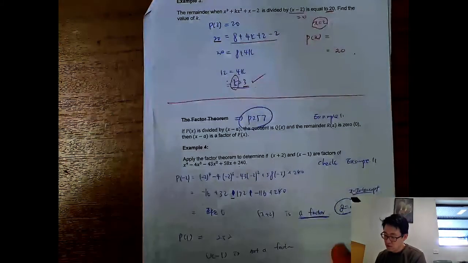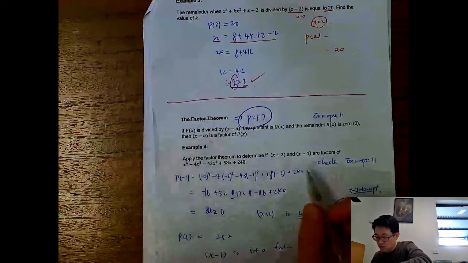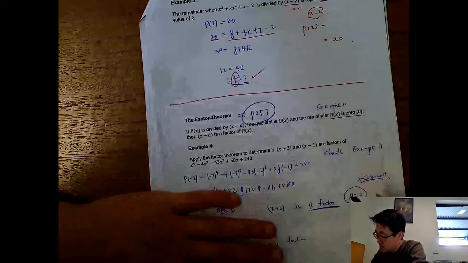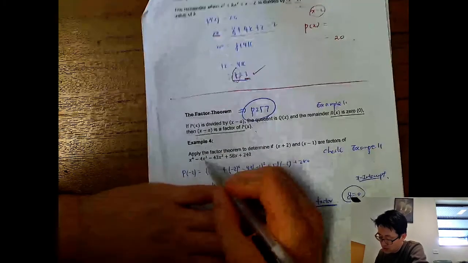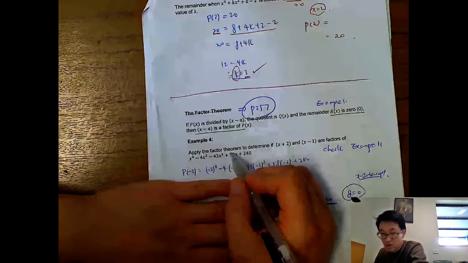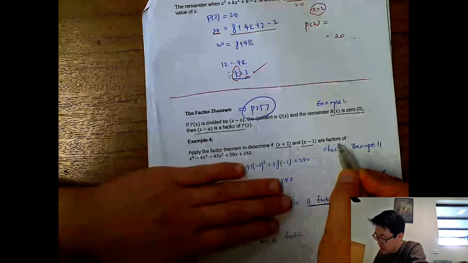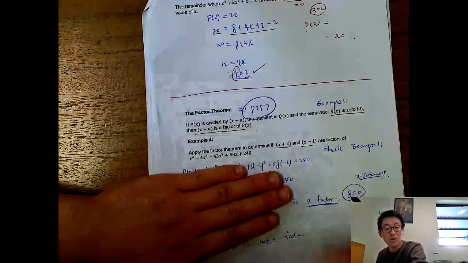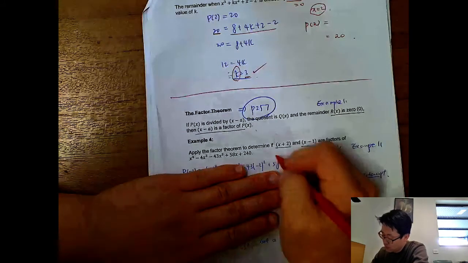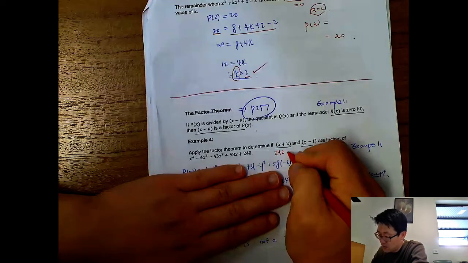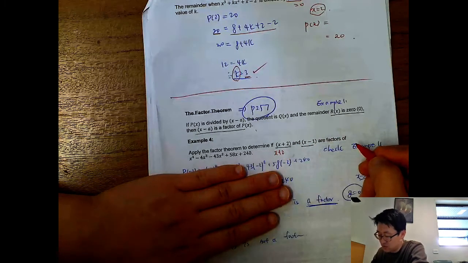Okay, let's go back to our booklet. The factor theorem. Now you understand, with that is 0. Okay, we can write it down. Apply the factor theorem to determine if this and that are factors of this, which means x plus 2, when I plug that in, that will make something 0, isn't it?